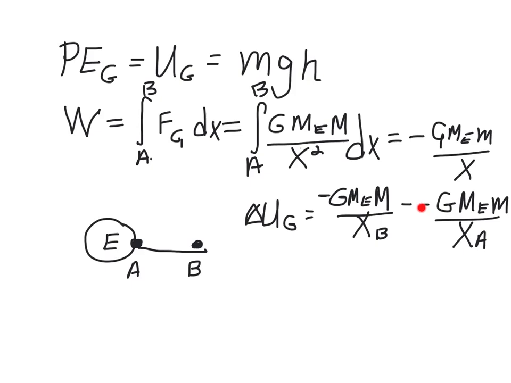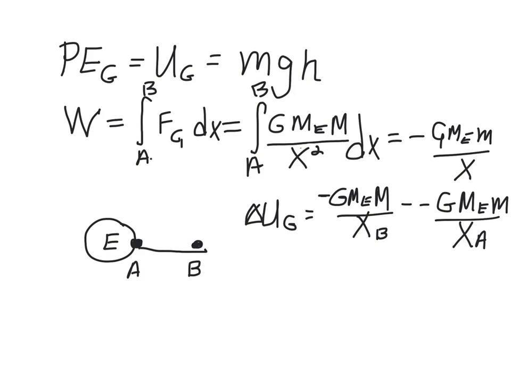The two negative signs cancel. Mathematically and physically, the change in gravitational potential energy has to be positive because it takes work to move the satellite from here to here. And so it has more gravitational potential energy in this position than it does in this position. And this is how you calculate it.